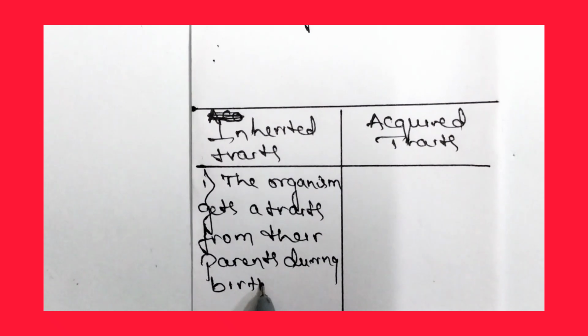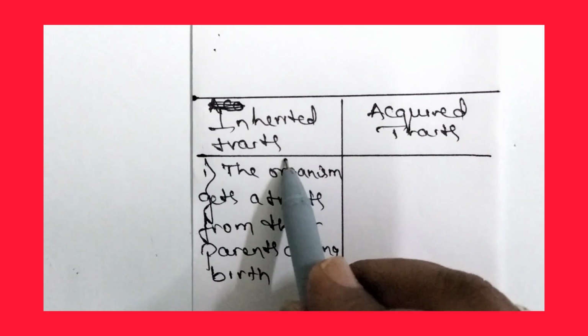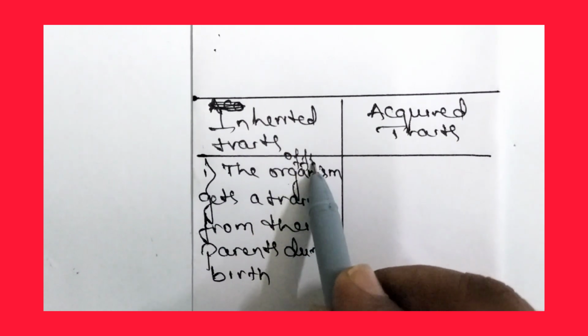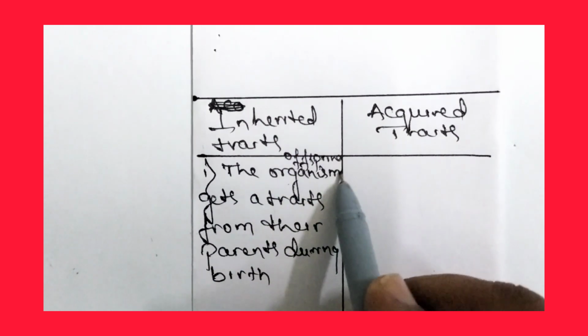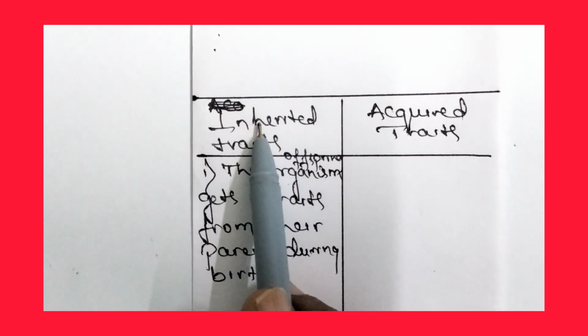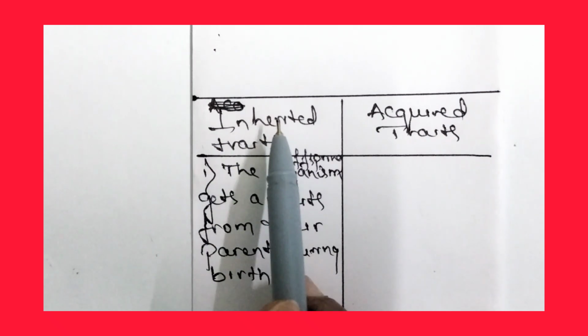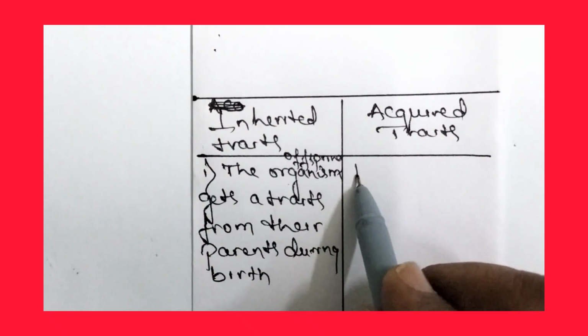An offspring gets a character from their parents during birth, it is called inherited traits. The traits which are got from the parents are called inherited traits.